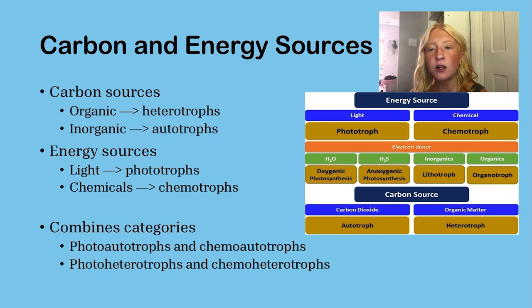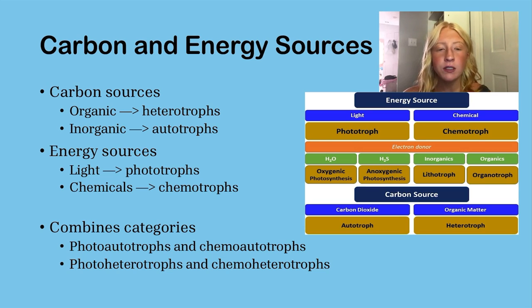Then there are also microbes that only obtain their energy from light, called phototrophs, while there are others that get their energy from chemical reactions, and these are labeled chemotrophs. And then there are also combined categories at the bottom: photoautotrophs, chemoautotrophs, photoheterotrophs, and chemoheterotrophs.